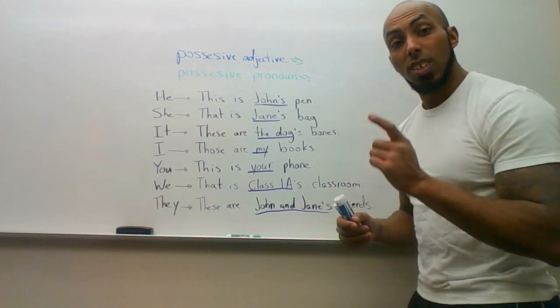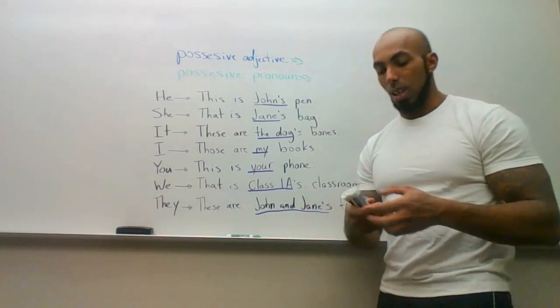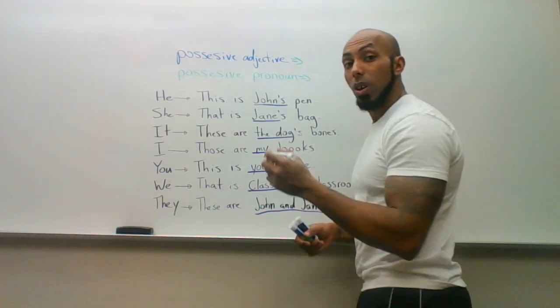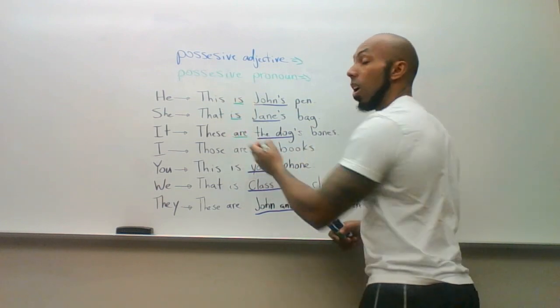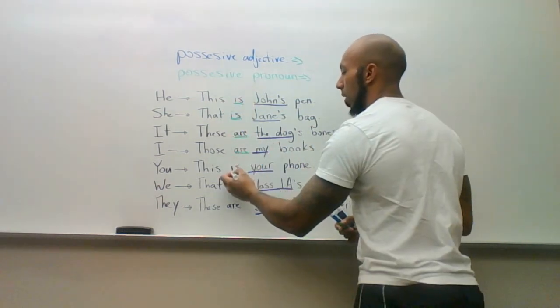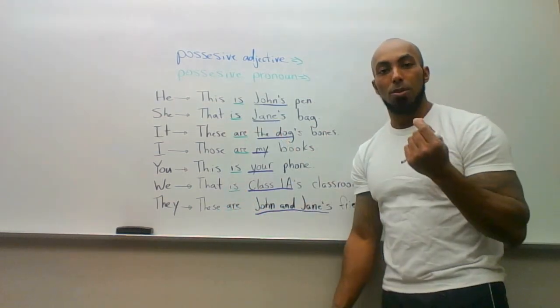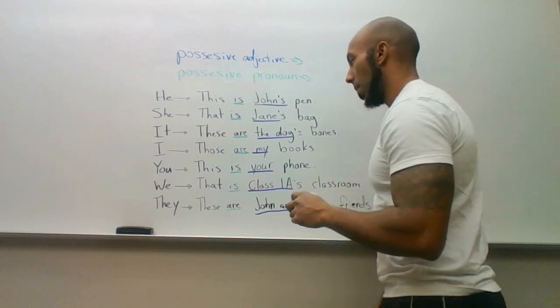Now each of these sentences still has a verb and an object. So our verb for each of these sentences is going to be is or are. Is for one object, are is for 2, 3, 4 or more objects, okay?